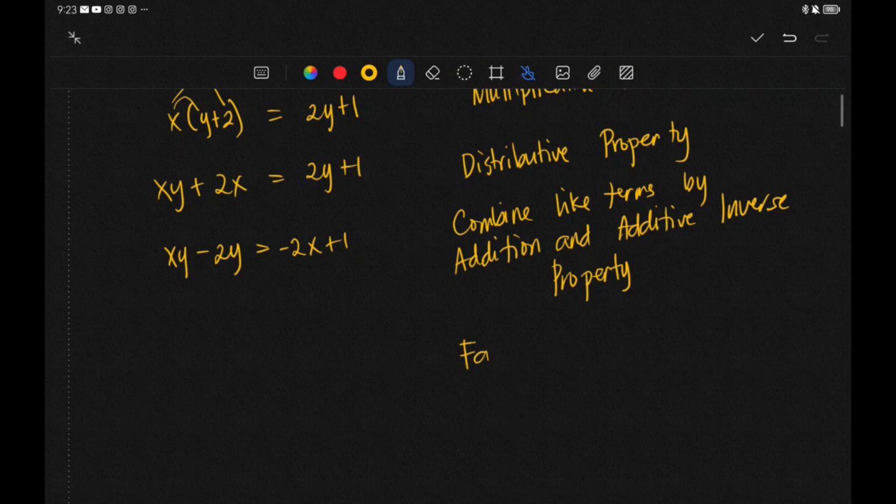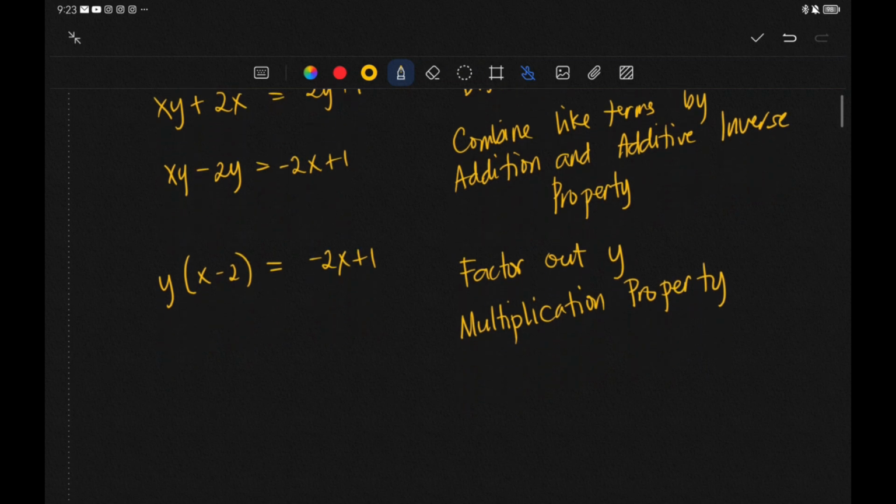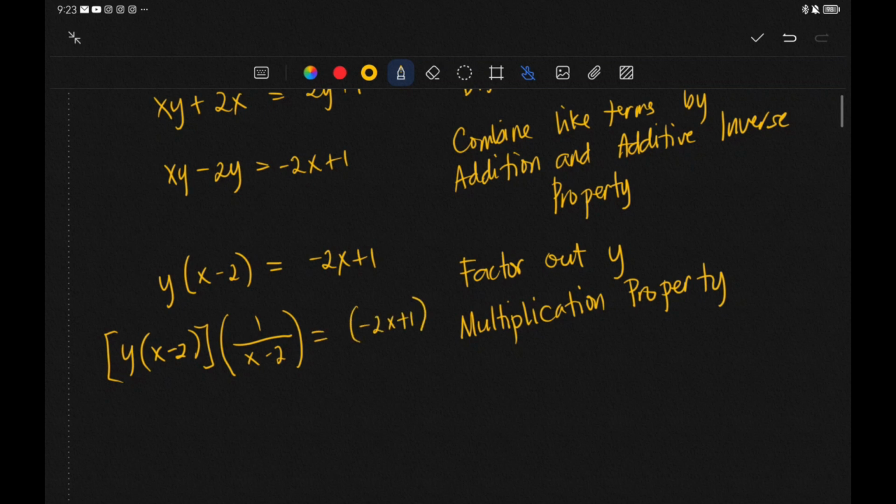Next, you are going to factor out y. So this will become y times x minus 2 equals negative 2x plus 1. And apply the multiplication property. So this will become y times x minus 2 times 1 over x minus 2 equals negative 2x plus 1 times 1 over x minus 2.